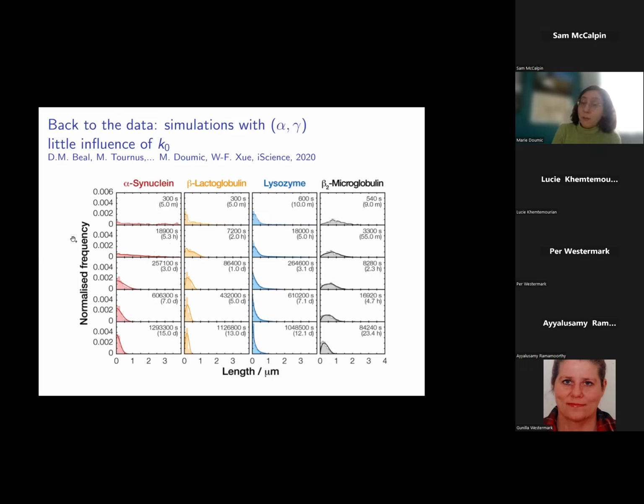We thought two things. First, it was really efficient because it is computationally extremely cheap. Second, it really means that our mathematical model is well fitted. Otherwise, it would not be possible with only 2 parameters, alpha and gamma, to fit so many curves so well. The drawback was that we had a little influence of the fragmentation kernel K0, but less than what we would have expected.